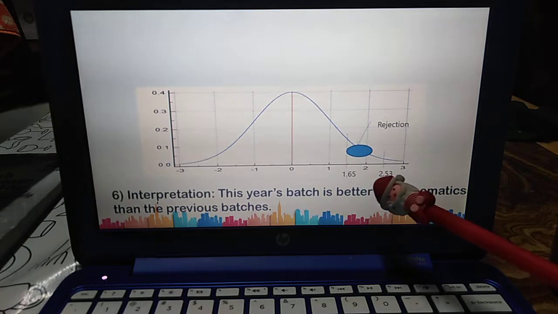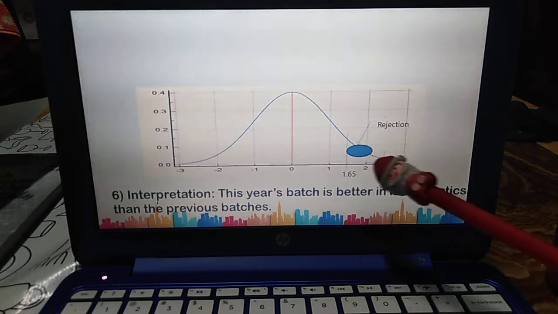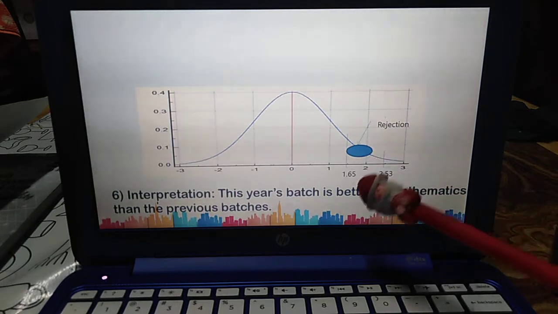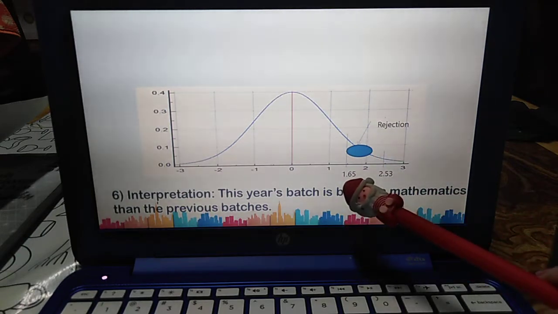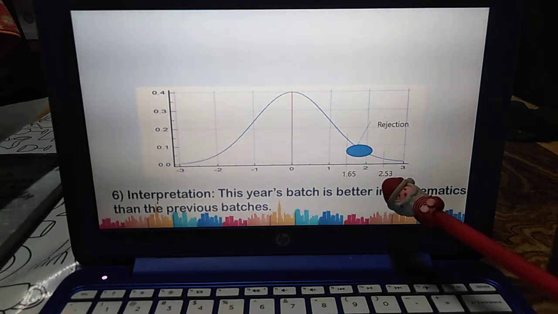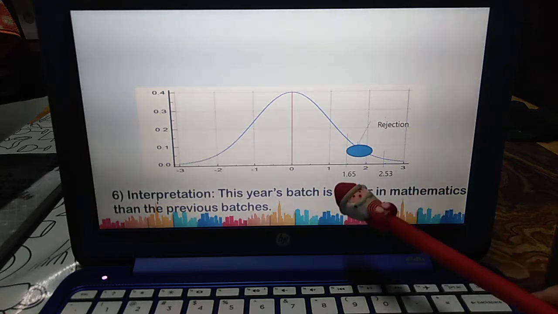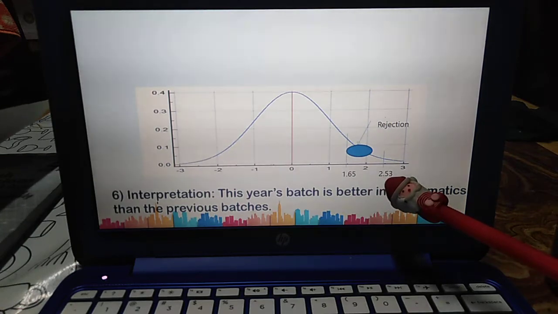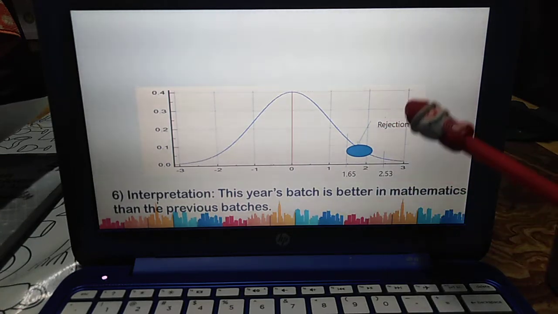Because 2.53 fell on the rejection area, or is on the right of 1.65. 1.65 is from the table. 2.53 is from our test statistic, the one we computed. We located where 2.53 is. On the right of 1.65 is our 2.53, therefore it fell on the rejection area.